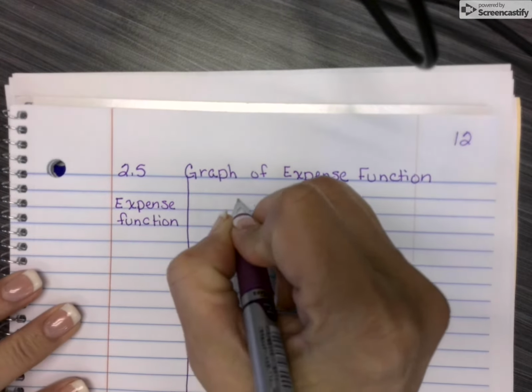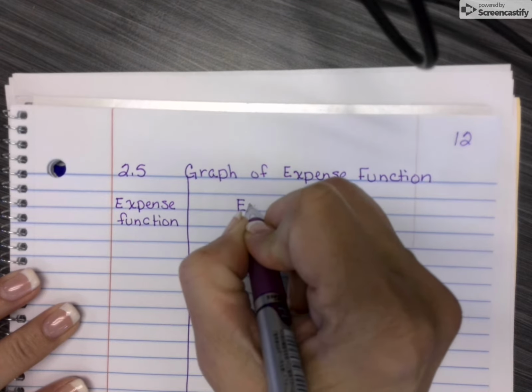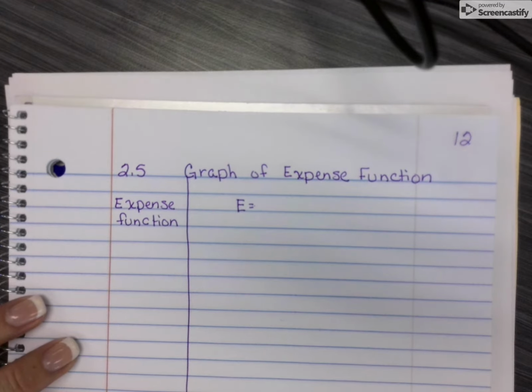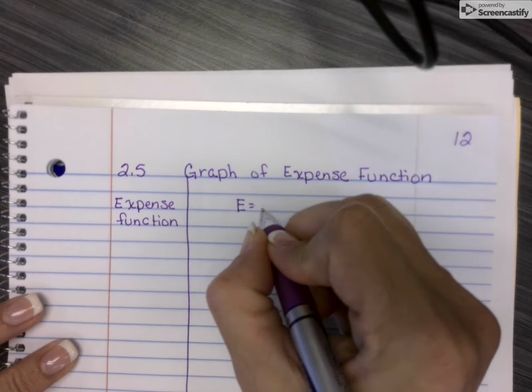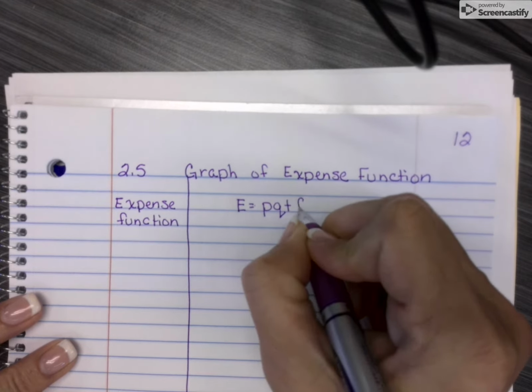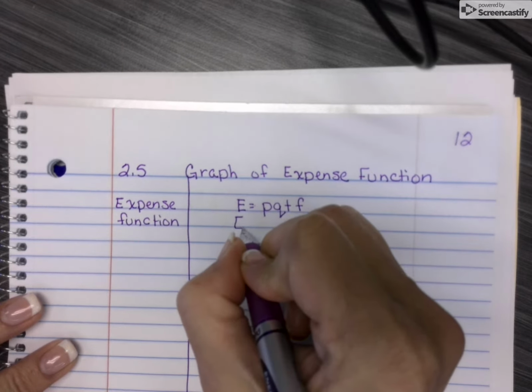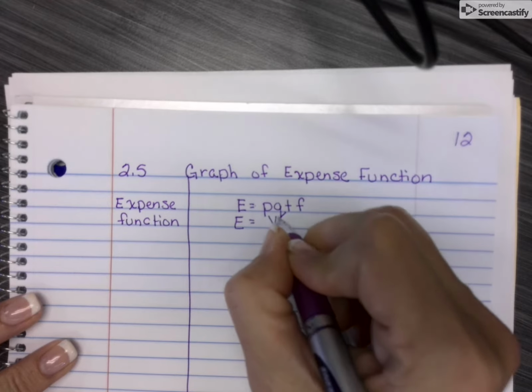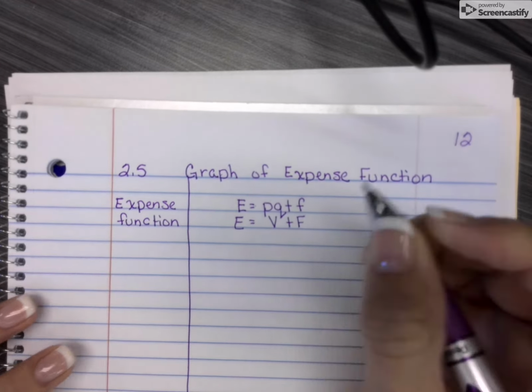So we have our expense. What's the equation for your expense function? You have your price times quantity plus fixed, or you can just say you've got your variable cost and your fixed cost.